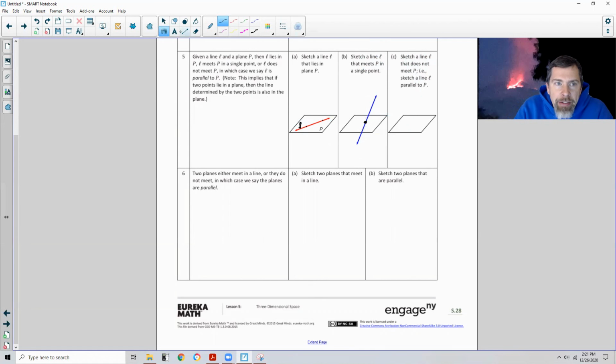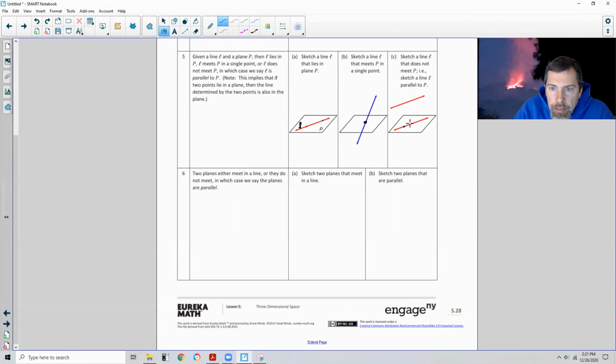So if I had this again, I'll put a line on plane P, and then I'll put another line hovering over, if you will, and sketch a line L that does not meet P, sketch a line L parallel to P. So there is a line parallel to P that is not on plane P. So this red line down here is like this one, it's on the plane.